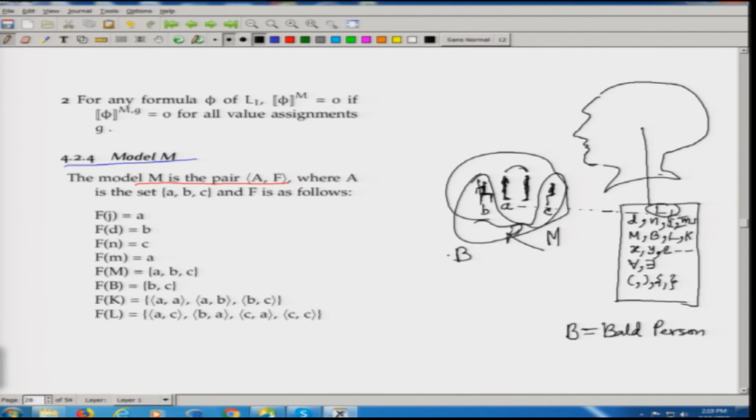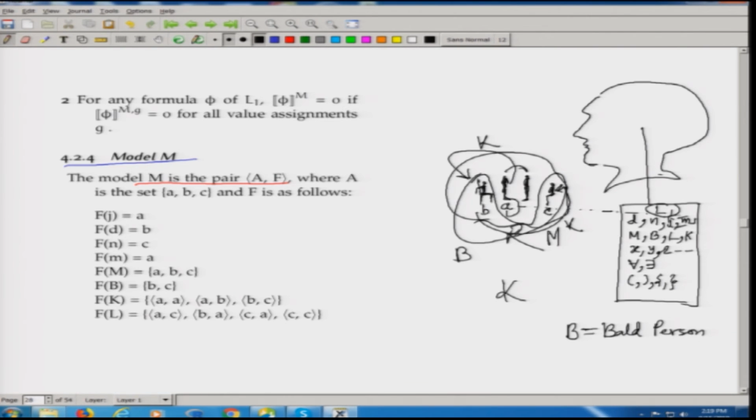The K part of it is a 2-plus predicate. If K is interpreted as know, then A knows himself, and A knows B, and also B knows C. It does not mean C knows B, but B knows C. This is how the relations are understood. Relations are sets of ordered pairs, right.